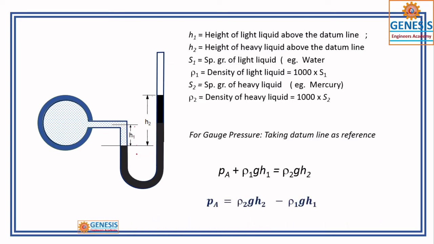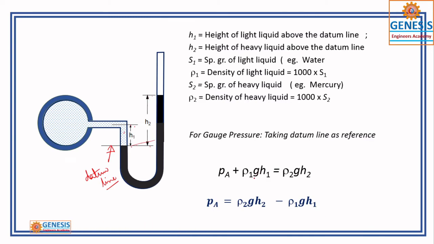You might have noticed that I have given a reference. This is called the datum line, that means the reference line. The reference must be the same for all. From this reference line, what is the height of the liquid column, or water line, and what is the mercury height?